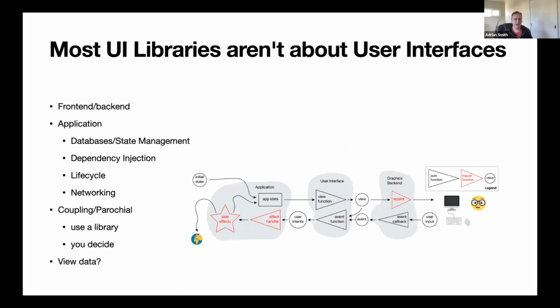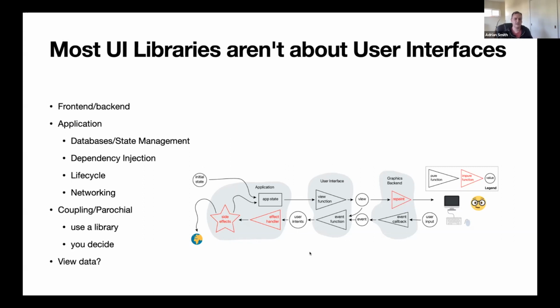And so I think one of the interesting aspects of this perspective of the functional UI model is that you realize that most UI libraries aren't about user interfaces. So I think when we build web applications, there's the stuff that runs in the browser, and then there's the backend code. And we tend to think of there's front end, back end, and everything in the front is the UI.